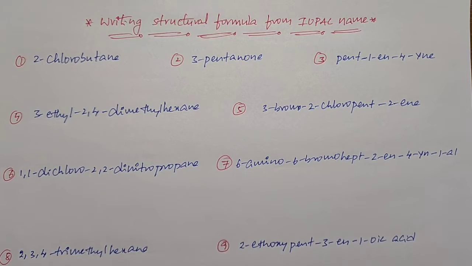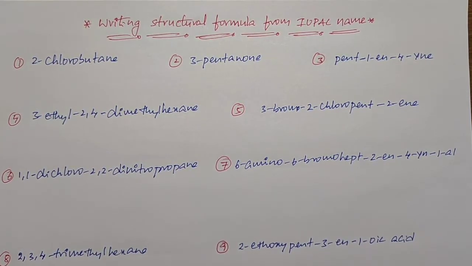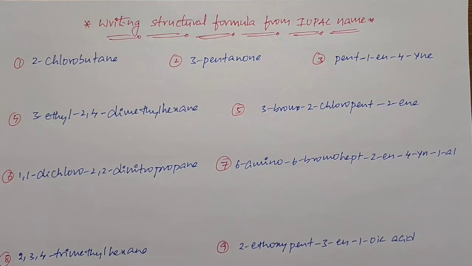Before going to the explanation, I want to say some key points. At the start of IUPAC nomenclature, if you want to write the IUPAC name of any organic compound, we have some basic terms. We already discussed them: root word, primary suffix, secondary suffix, primary prefix, and secondary prefix. By using the same basic terms, we can write the structural formula from the IUPAC name.